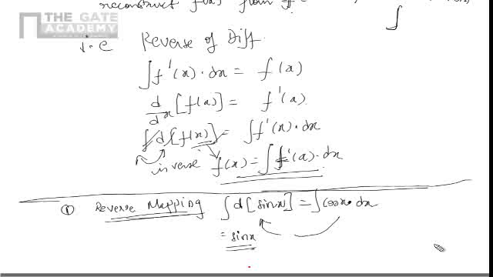This is the conclusion. So cos x on integration will give sin x. Similarly, we can keep on extending the idea of reverse mapping.